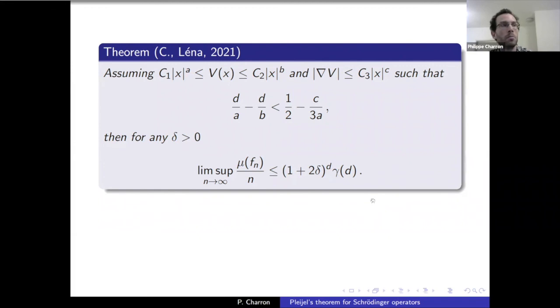It's very interesting that we cannot find a nice, direct Weyl's law with the conditions that we had on the potential. So the conditions in the middle of my slide, d over a minus d over b, and so on, also come from just Dirichlet-Neumann bracketing.